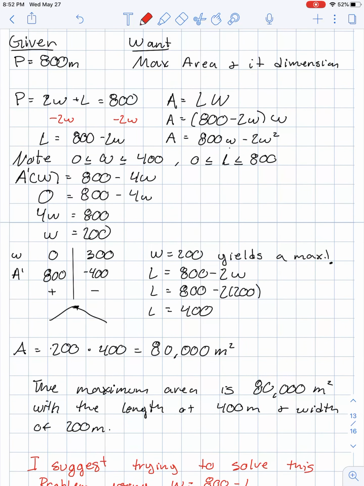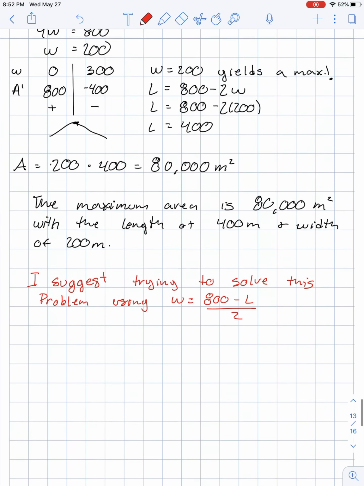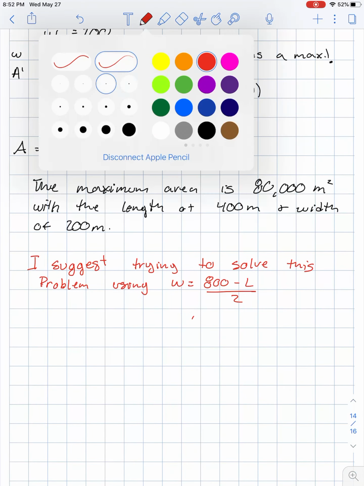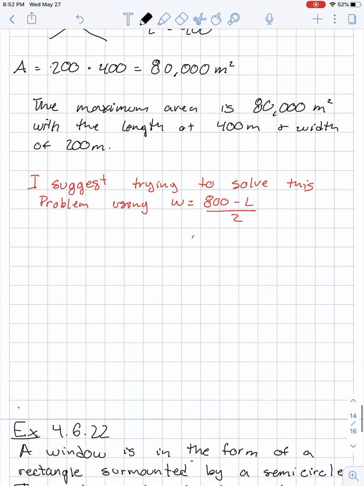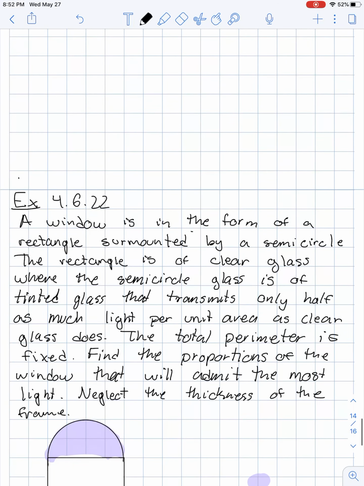So instead of in this perimeter equation we subtracted 2W and we got 800 minus 2W, what if we solve for W? That's my suggestion to you, a little extra practice.